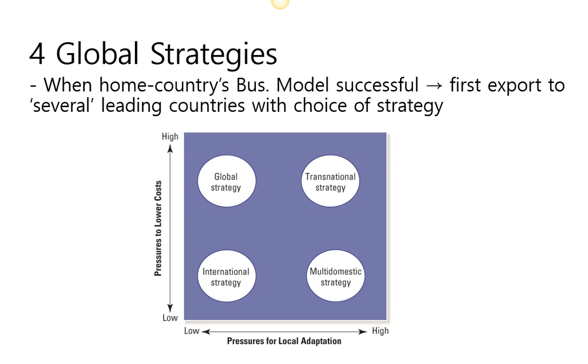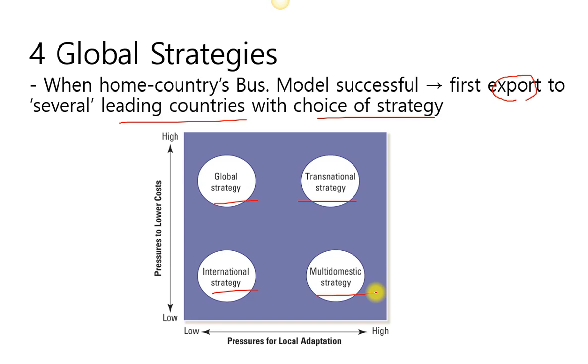Okay, so when the home country's business model is successful, what you do is you first export it. I mean, there are stages to entering the market. You first export to those several leading countries with choice of strategy. So these are sort of the strategies that there are when you're trying to enter a different country.